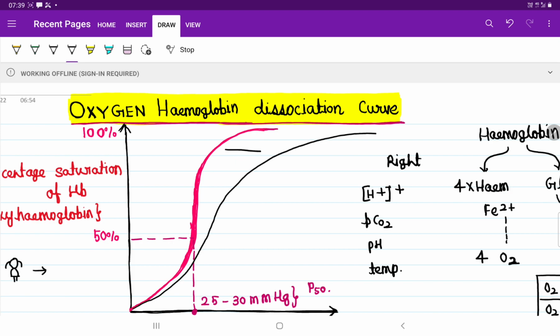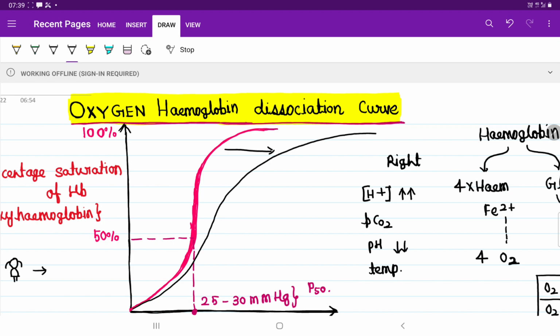Hydrogen ion concentration has a direct relationship with pH also. pH is the negative logarithm of hydrogen ion concentration. So when hydrogen ion concentration increases or pH decreases, this curve shifts to the right side.